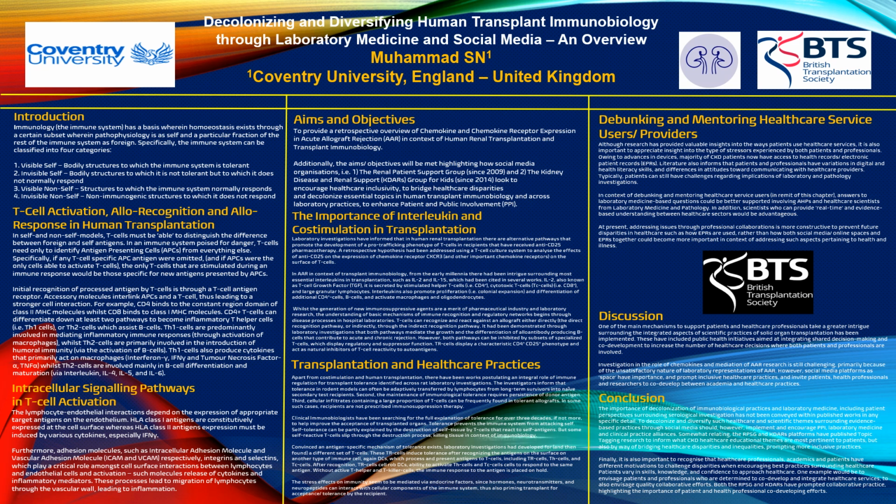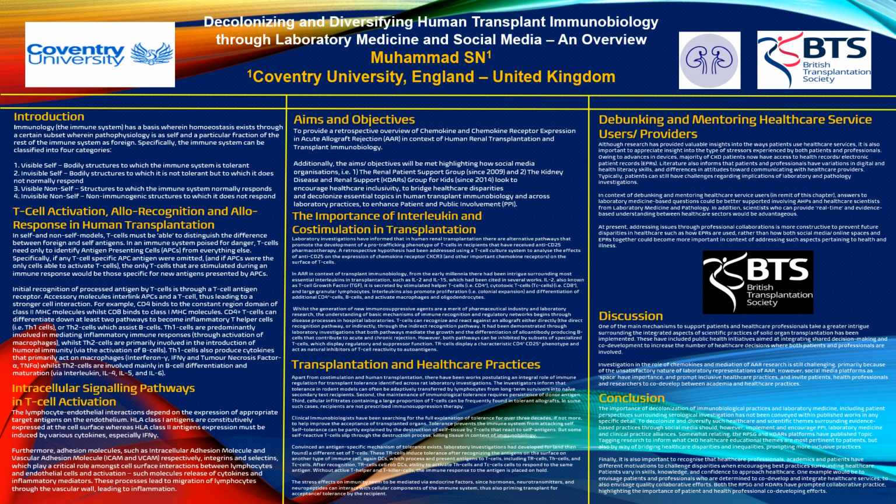Immunology, that is the immune system, has a basis wherein homeostasis exists through a certain subset that is recognized as self and a particular fraction of the rest of the immune system as foreign. Specifically, the immune system can be classified into four categories.